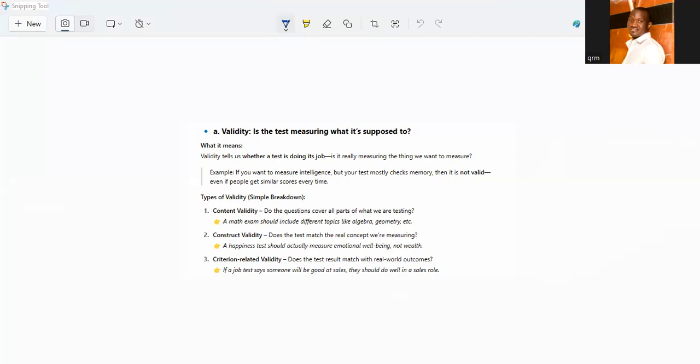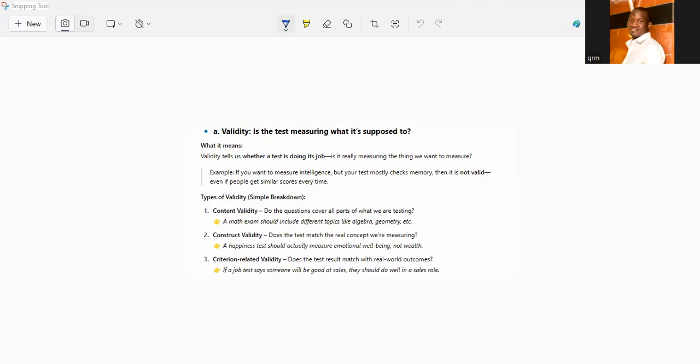Knowing whether the test is doing what it's meant to do. Are we measuring the right thing? So imagine if you want to measure how intelligent a person is, but your test has questions about how well they remember. It's not a valid test of intelligence. It's actually testing memory.